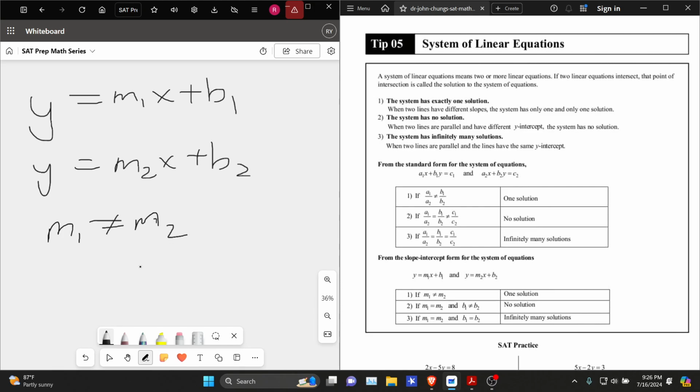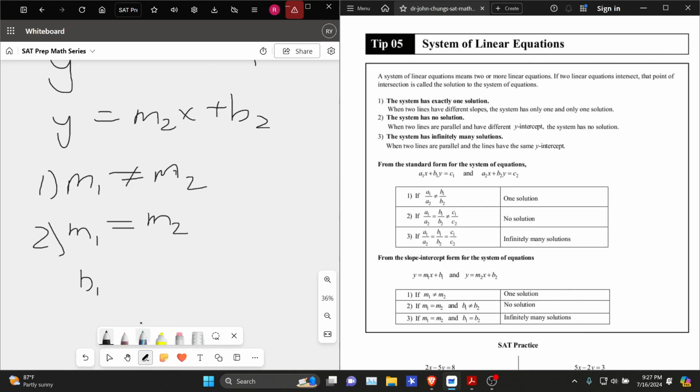This means these two lines will eventually intersect at one point, meaning there's exactly one solution. But when m1 is equal to m2 and b1 is not equal to b2, this means it has no solutions, and the two lines are parallel.